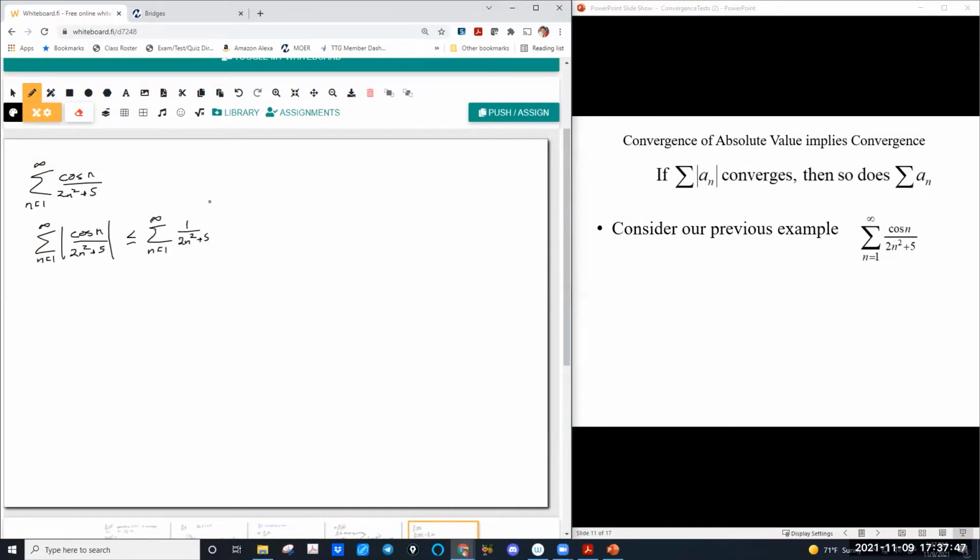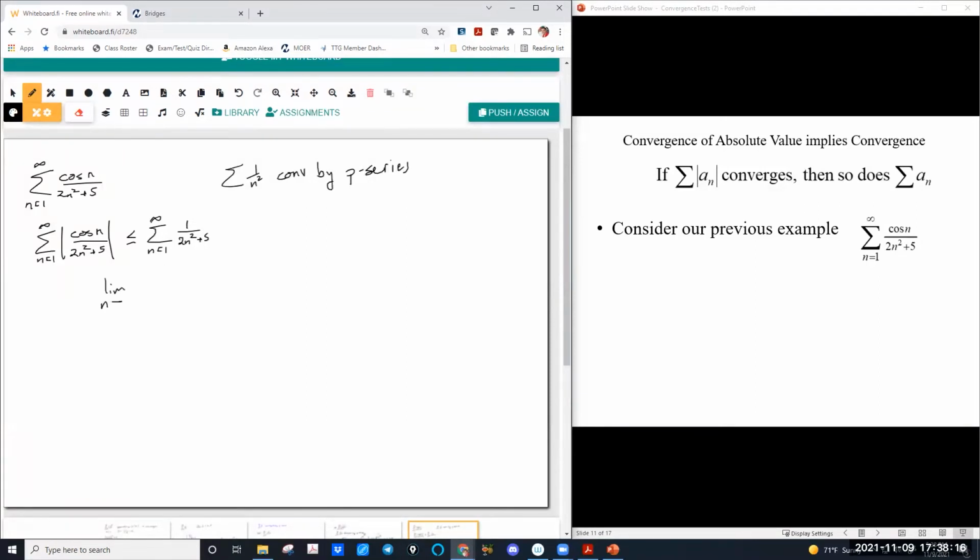All right, so this, we could do either a comparison test or a limit comparison test. Let's do another limit comparison test. We already know 1 over n squared is convergent by p-series. So let's do a limit comparison test so we can see another example of it.